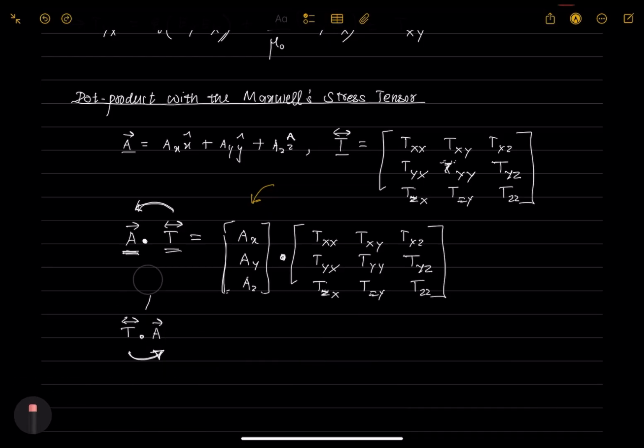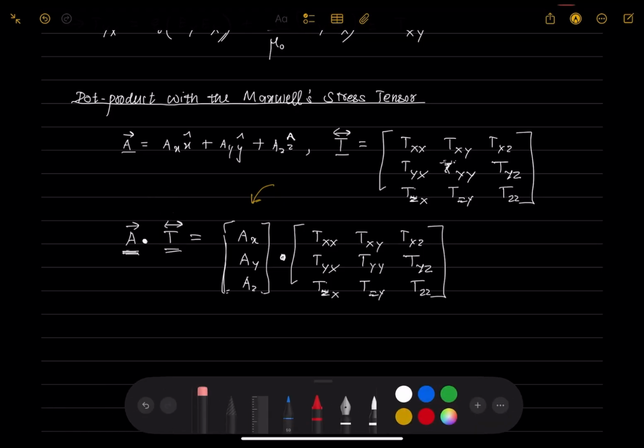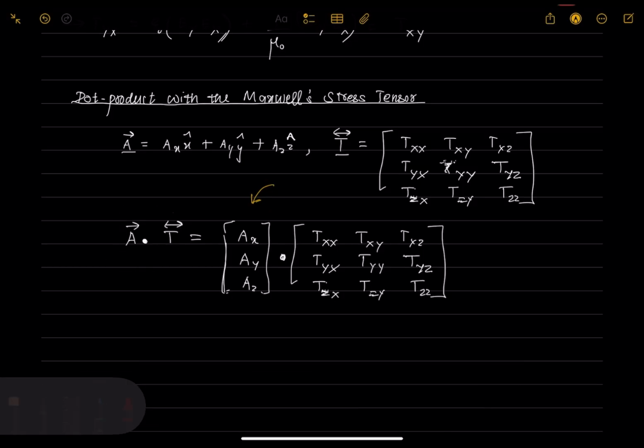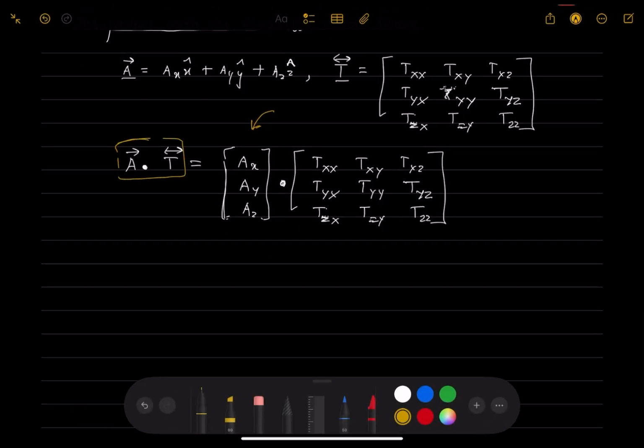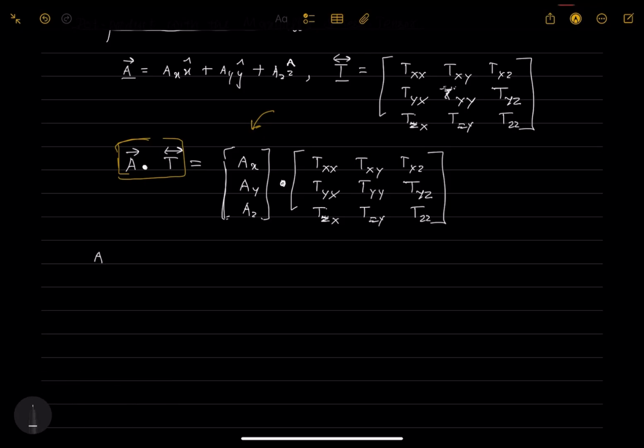Because it's only relevant for us in our discussion that the vector is written to the left, I'm going to talk about what it means to write the vector to the left and then take the dot product. One of the things that we need to understand is that this dot product, A dotted with the tensor quantity, is not a scalar quantity. It's a vector quantity.